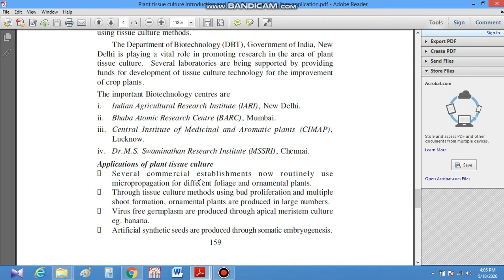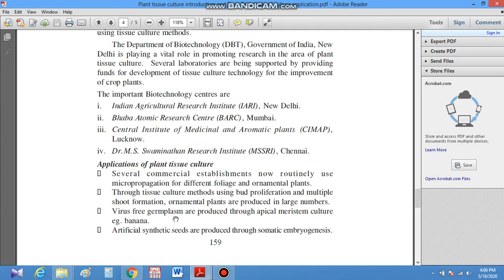There are several applications of plant tissue culture. Several commercial establishments are using micropropagation for different foliage and ornamental plants. Through the tissue culture method, using bud proliferation and multiple shoot formation, ornamental plants are produced in large numbers.